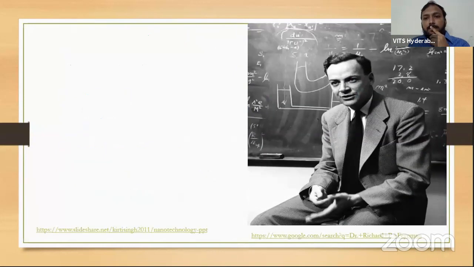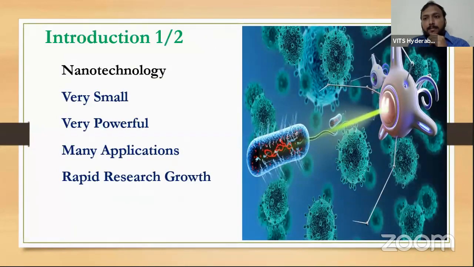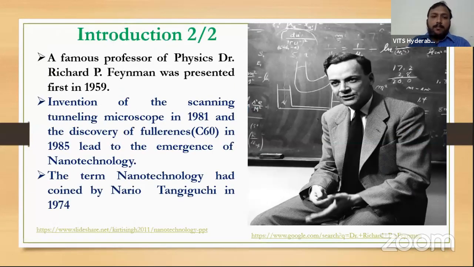Now see here, introduction to nanotechnology. Why are the majority of researchers interested in nanotechnology? In general, nanotechnology is very small, very powerful, with many applications and rapid research growth today. Nanotechnology was first proposed by the famous physicist Dr. Richard in 1959.